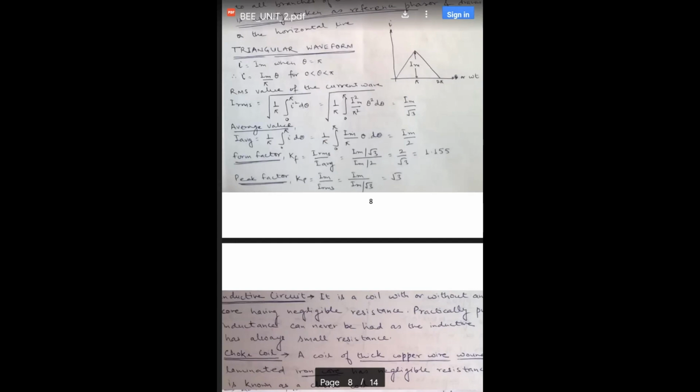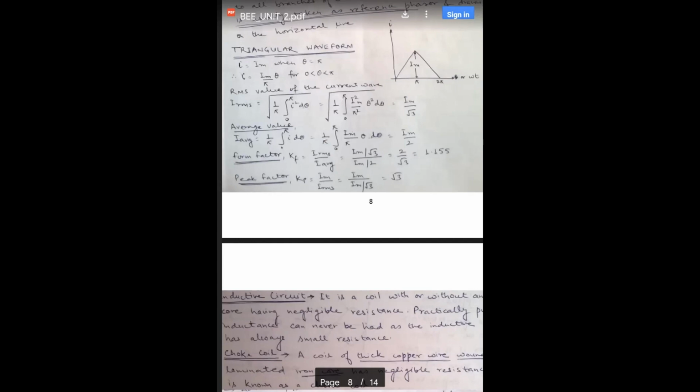Okay. So the good thing about periodic waves is that we clearly know the limits, so the definite integral can be applied.